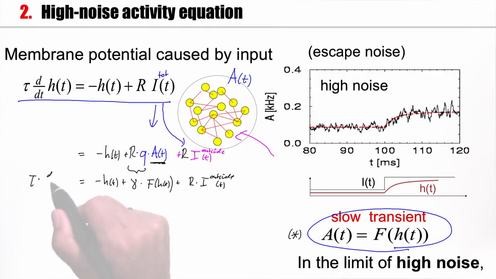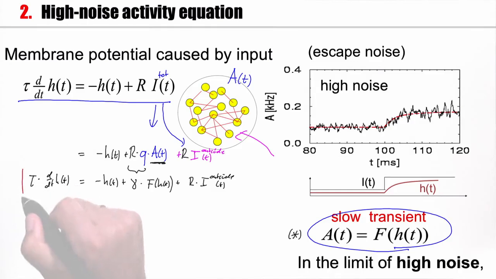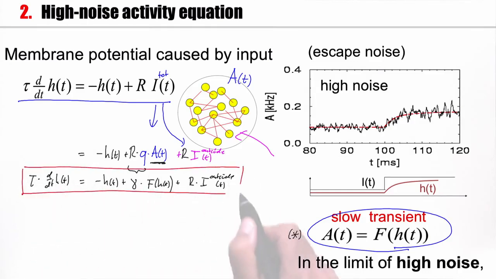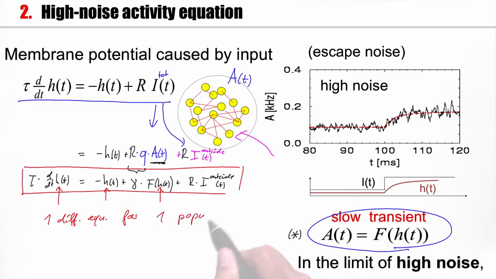And I copy the left-hand side, d/dt h of t. So now I have a differential equation where I have an h of t on the left-hand side, an h of t here, and an h of t there. So we have one differential equation for one population. At the moment I have one single population.